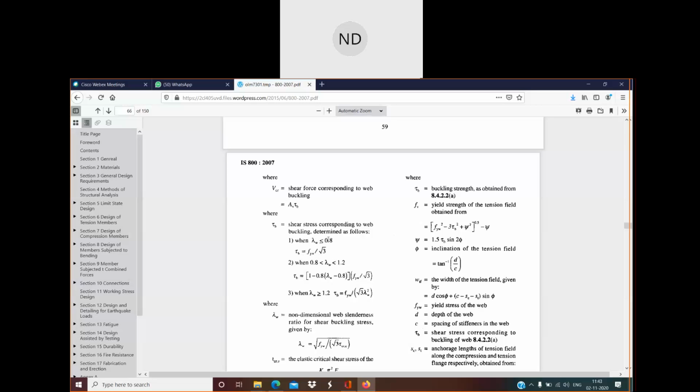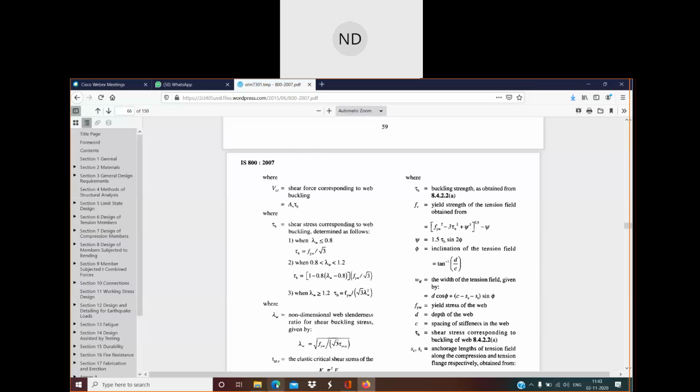If your lambda w is less than or equal to 0.8, then tau b is equal to fy by root 3. When your lambda w is between 0.8 and 1.2, your tau b is this much. And when your lambda w is greater than 1.2, then your tau b is this much. You need to follow this.